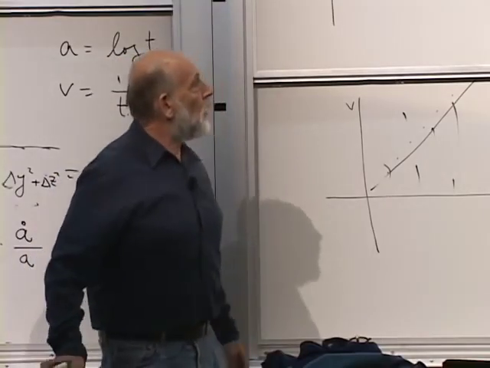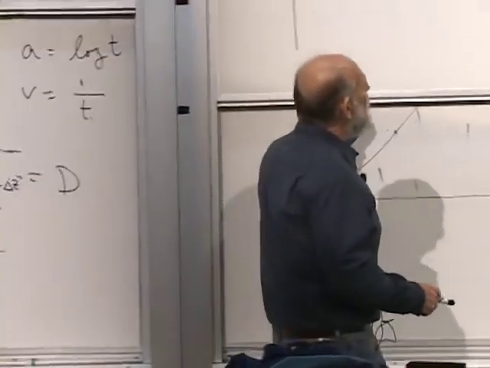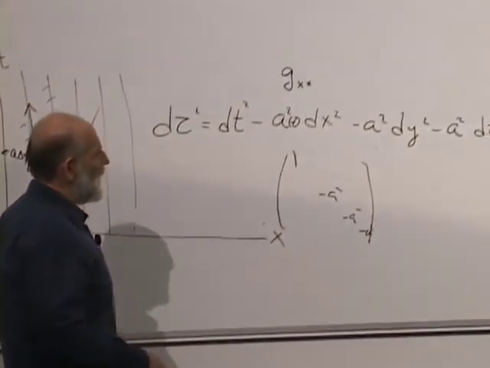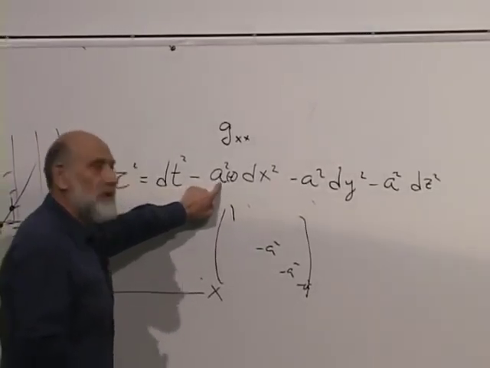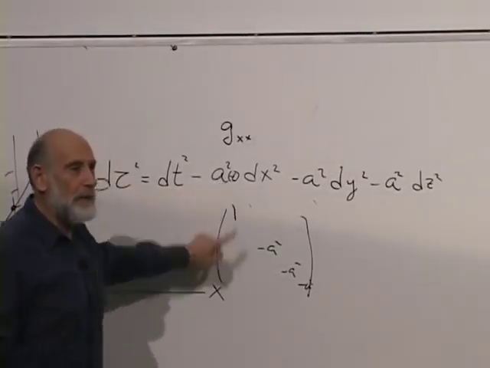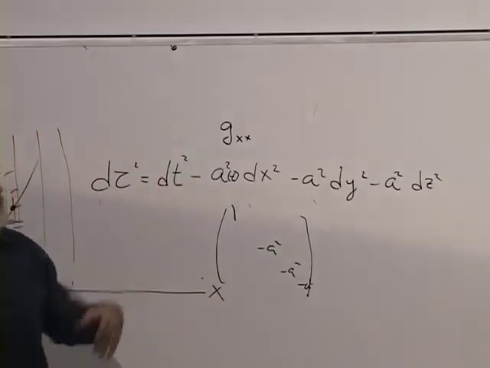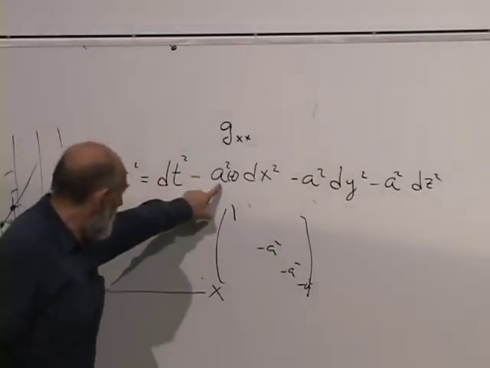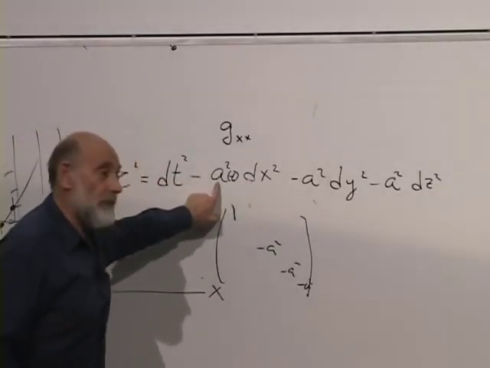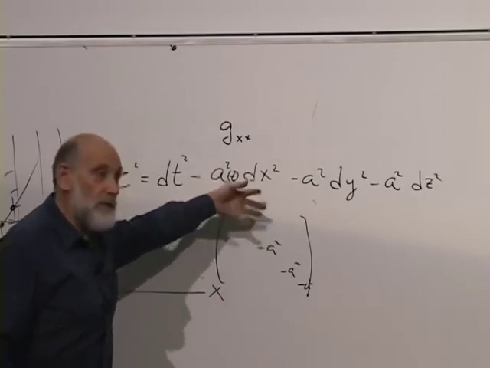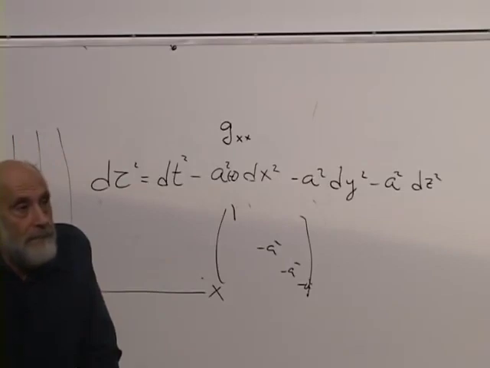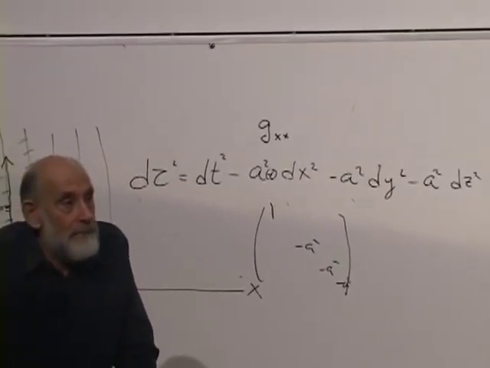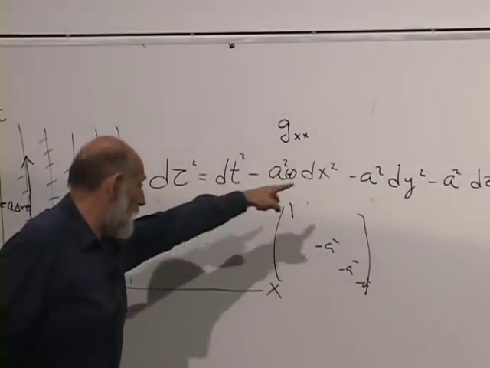You could put the units of distance into x, but I choose not to. I put the units of distance into a. That's an arbitrary decision on my part, whether I want to put the units of distance into x or into a. The product of a times x has units of meters. So should we think of it as a dx squared? Yeah, that's the same as a squared dx squared.